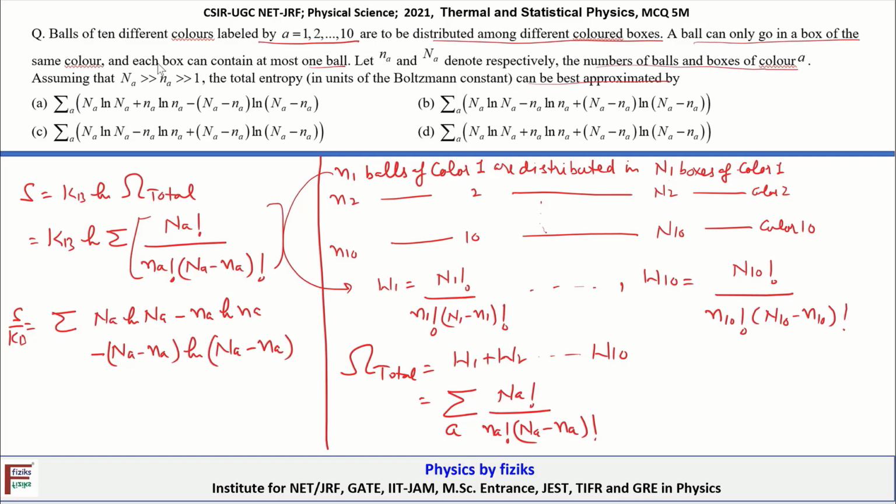The remaining terms will cancel with each other, because when we apply the Stirling approximation we will have NA ln NA minus NA, and then from here also minus na, and then from here minus (NA minus na), so that will cancel ultimately. So this matches with option A here. This option A is the correct one.